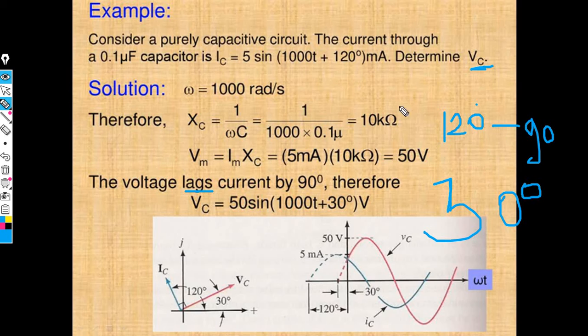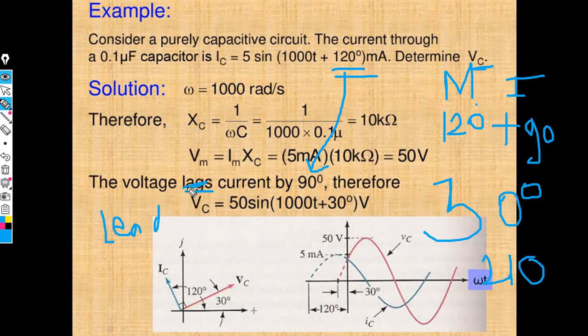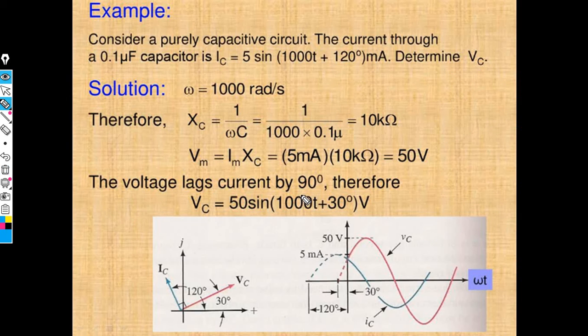We calculate the angle as final minus initial, that is 120 minus 90. If it were lead, that is voltage leading current by 90, then we would take the plus sign. But here lag is there, so we obtain 120 minus 90, which is 30.